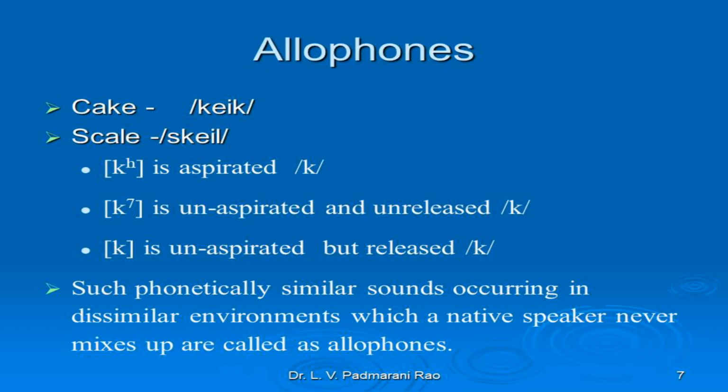And similarly, the sounds p, t, l have allophones in English. A phoneme is a minimal sound unit of a language in contrastive distribution, but an allophone is a phonetically similar unit in complementary distribution. I hope the point of phonemes and allophones is clear.